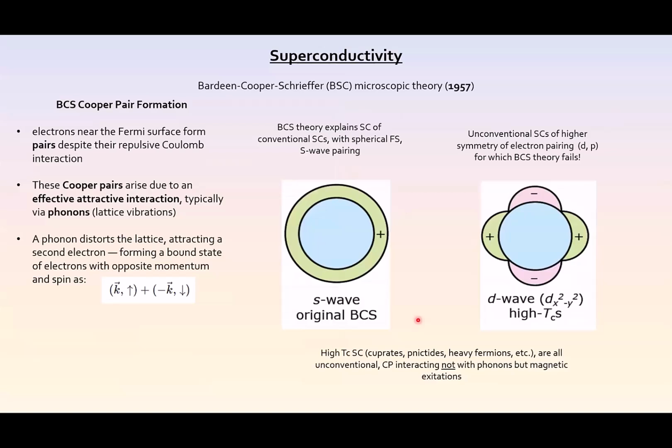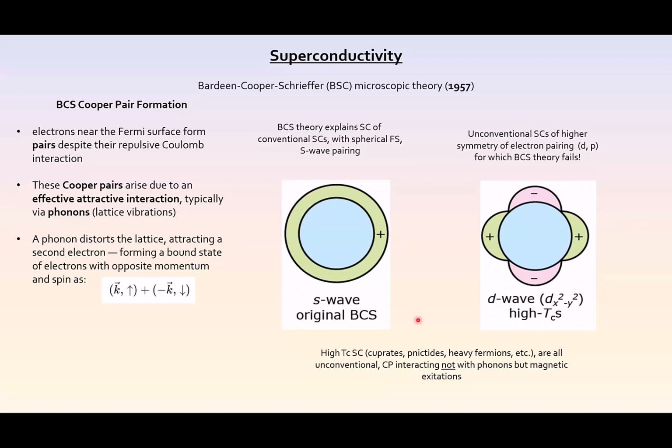So roughly 50 years after the discovery of superconductivity, it was explained by Bardeen, Cooper, and Schrieffer using their microscopic theory. The electrons near the Fermi surface form Cooper pairs despite their repulsive Coulomb interaction, because they interact with phonons.